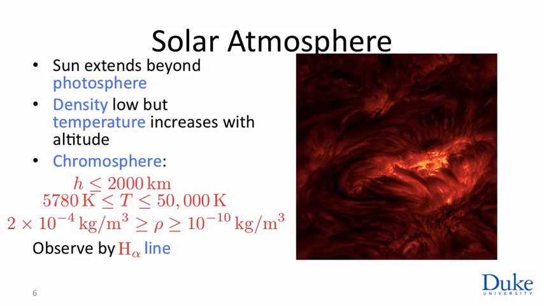To observe the chromosphere, we use the fact that there are hydrogen atoms in it. Hydrogen atoms emit a characteristic spectral line at 656.28 nanometers. It's the H-alpha line. We've talked about it before and will again.